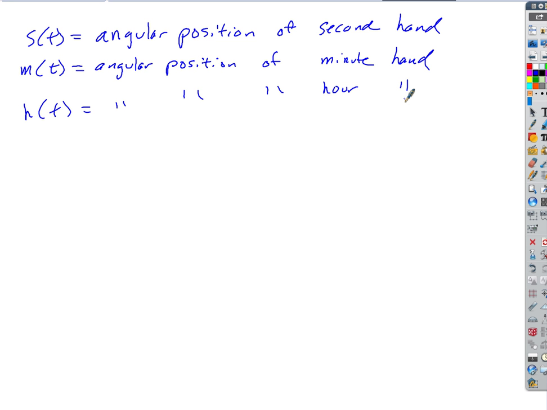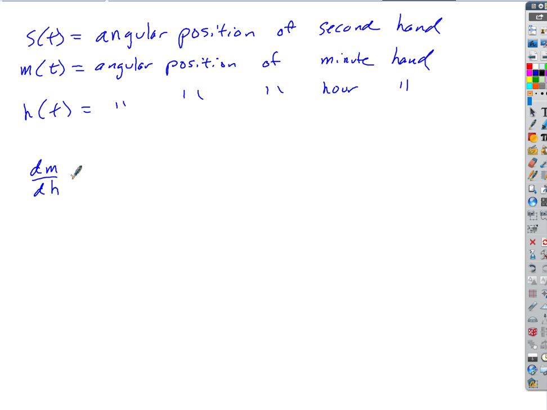So then let's talk about rates first of all, because this is a good opportunity for us to revisit the concept of a derivative as a rate. So first thing, let's calculate, I did that backwards, I want to know what is dM/dH.